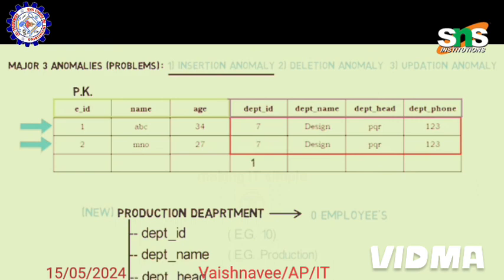But we cannot just insert this much information in the table. We need to put some value in the other remaining columns, and as the employee ID is the primary key, it cannot be kept null. So to insert details about a new department, we first need to recruit employees in that department. Unless we have employees in that department, we cannot insert department data. This is what an insertion anomaly is.